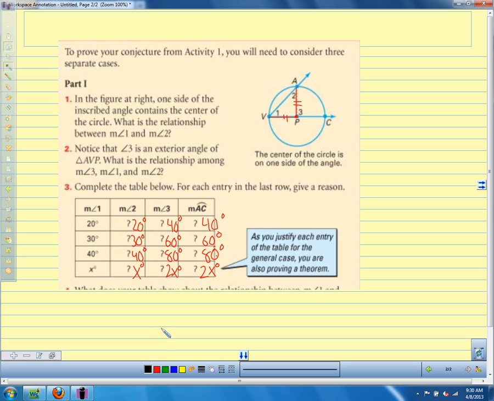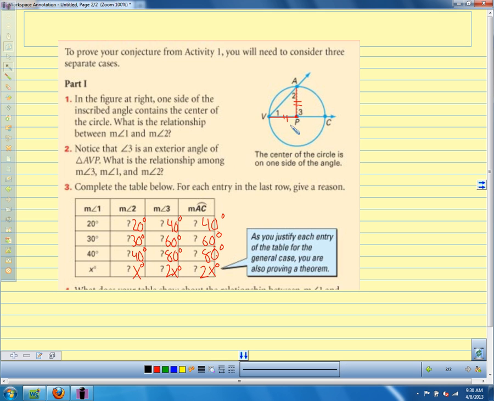So looking at the chart, how does the measure of the inscribed angle, angle 1, compare to the measure of the arc? To go from the angle to the arc, we multiply by 2. Go from 20 to 40, 30 to 60, 40 to 80, x to 2x. So the arc is twice as big as the inscribed angle.